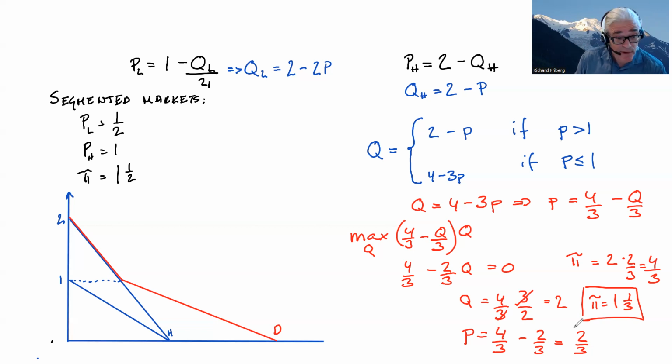Okay, and as a final point, we could also illustrate how the marginal revenue curve looks in the case here of integrated markets. So the marginal revenue curve, what's the change in revenue if the firm is producing a bit more? Well, it's starting up here.